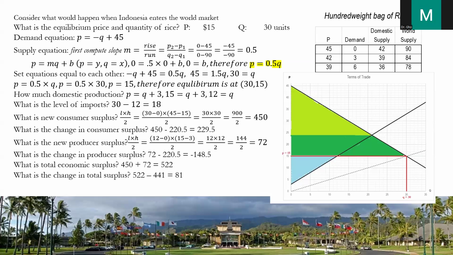Again, we're doing a triangle instead of a square, so everything above the supply curve, below the price that they receive, has an area of 72. And if you want to look at the total economic surplus, that's going to be, let's see, 522.